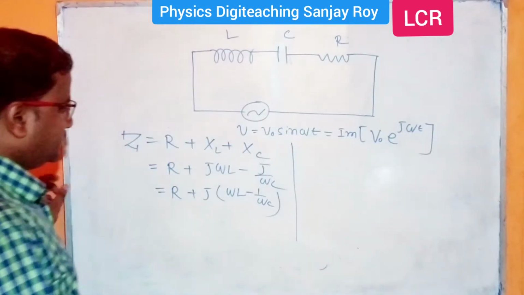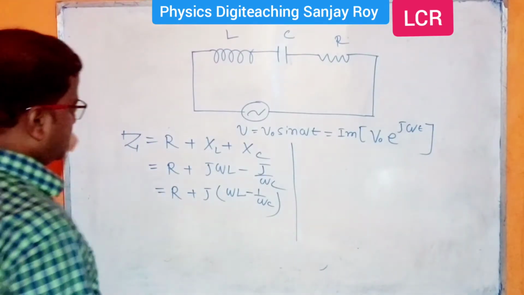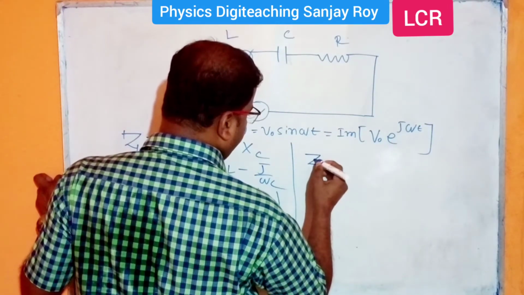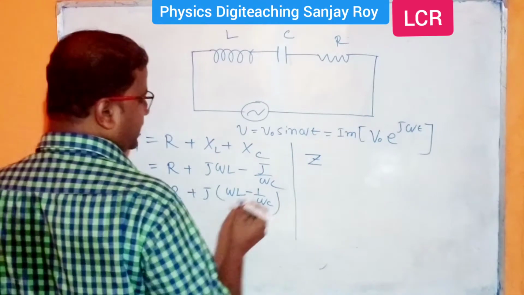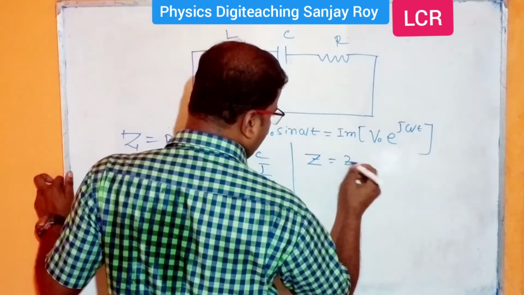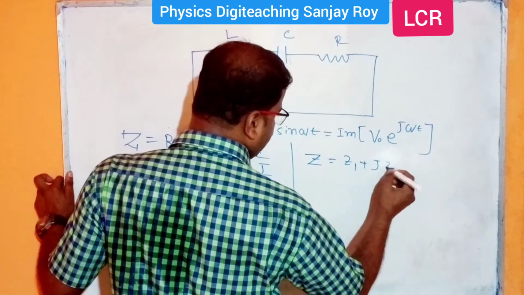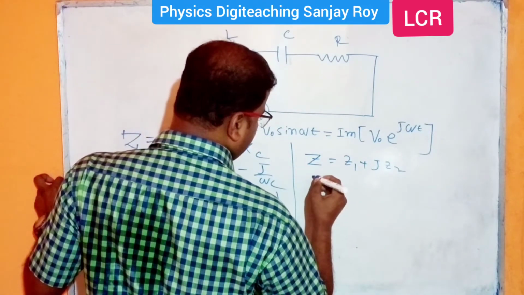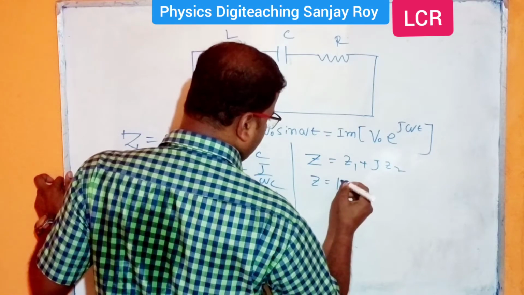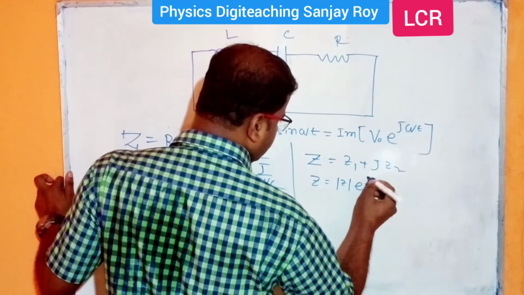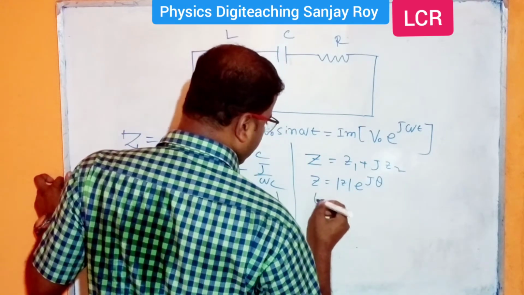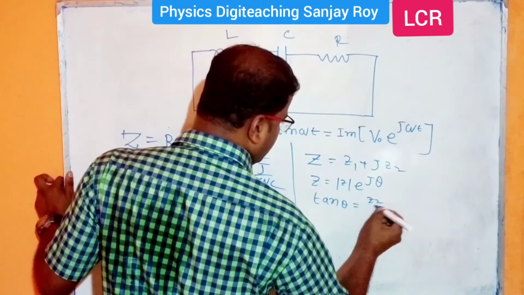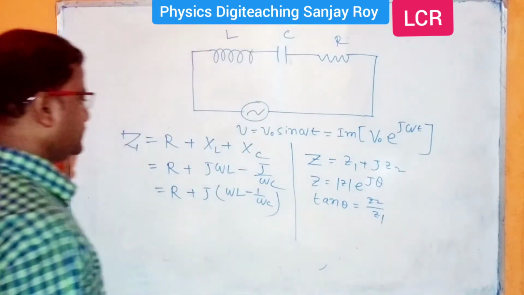Just before, we saw that if Z is a complex number, Z1 plus jZ2, it can be written as Z equal to mod Z e to the power j theta, where tan theta equal to Z2 by Z1.